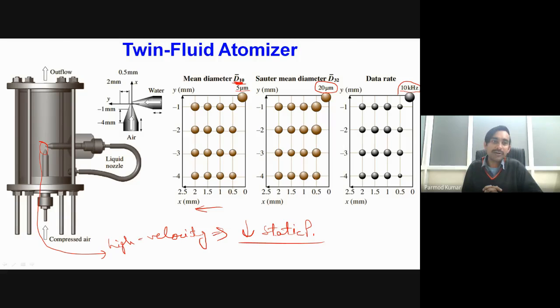However, if we vary the flow rate of the liquid and the flow rate of the gaseous phase, the compressed air, these are the main important parameters which govern the size of the droplets. Apart from that, while the droplets are generated, we will have a large spectrum of droplet diameters.